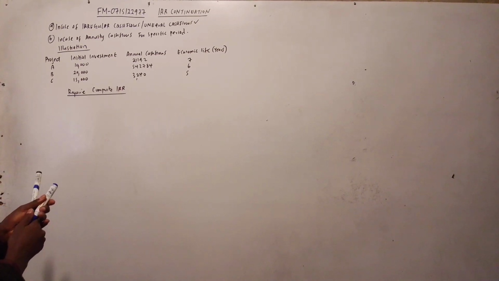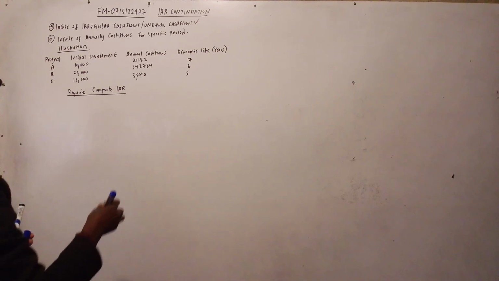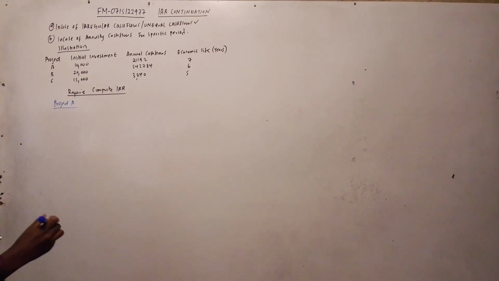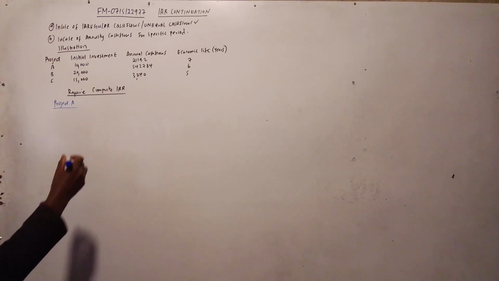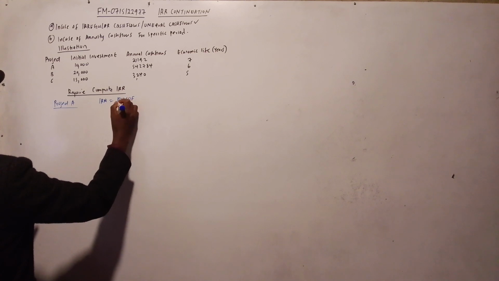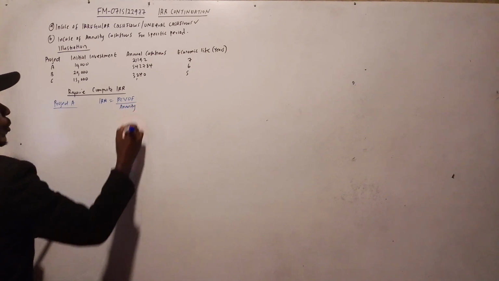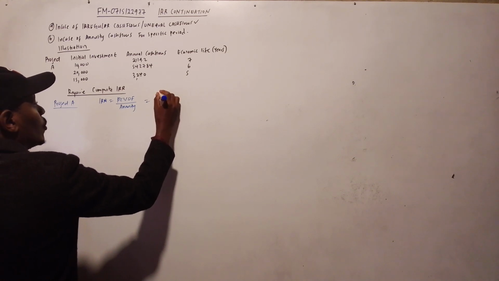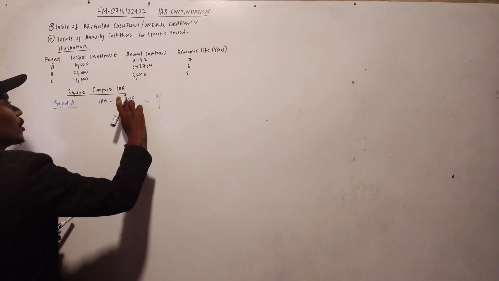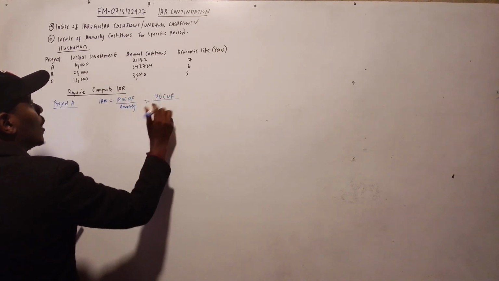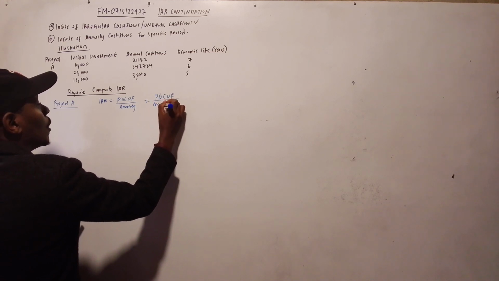We start with project A. Now the formula for IRR in this case is IRR equals the present value of the cash outflow over the annuity, or the annual cash flow. The same as saying the present value cash outflow over annual cash flow.